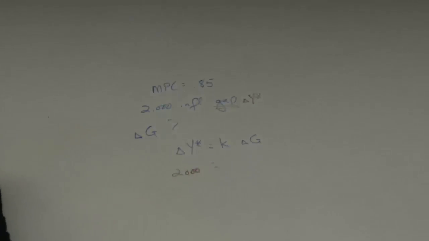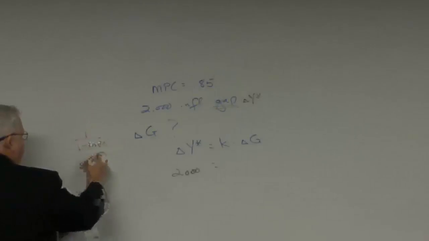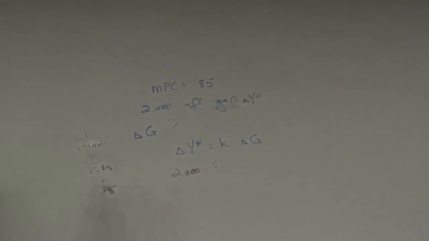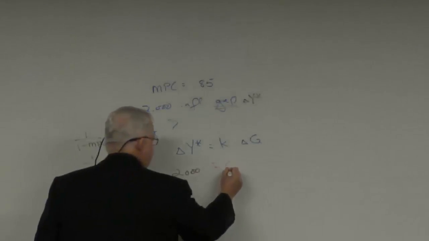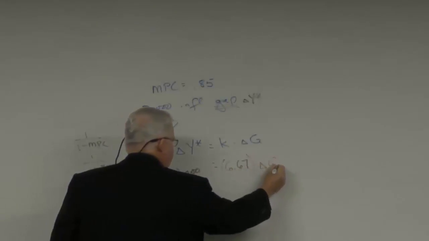What's K in this model? 1 over 1 minus the MPC. 1 over 1 minus 0.85, 1 divided by 0.15. What's 0.15 into 100 into 1? 6.67 times delta G.